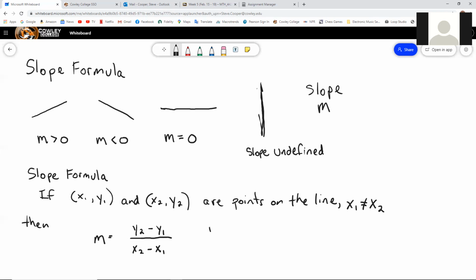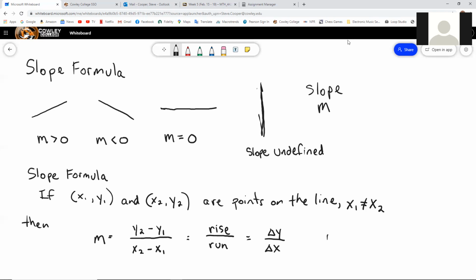Okay, that's also the rise, change in y, over the run, which is the change in x. So change in y, that's what delta y means, over change in x, delta x. Okay, so essentially we'll use this first one because we'll be given points here.